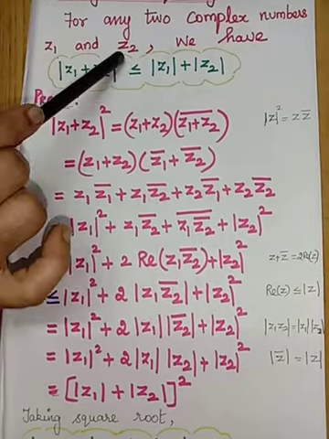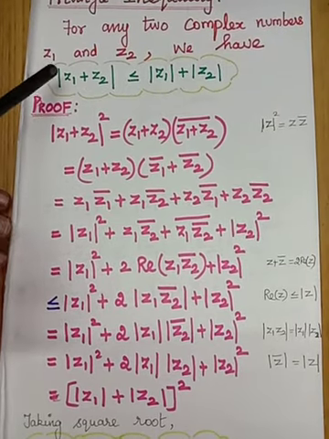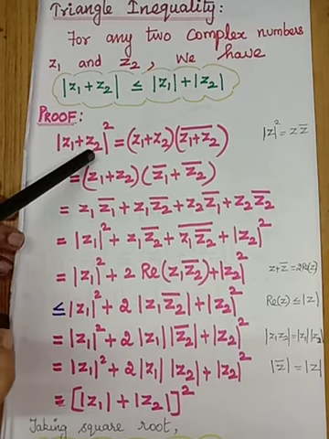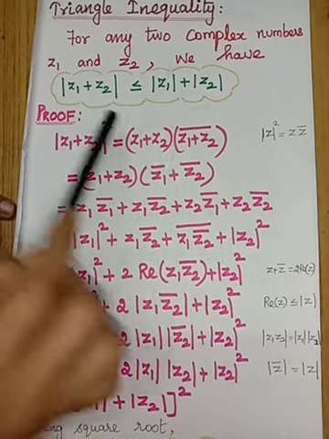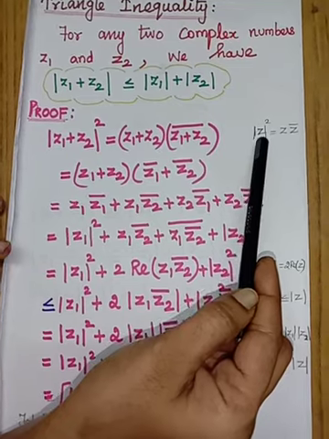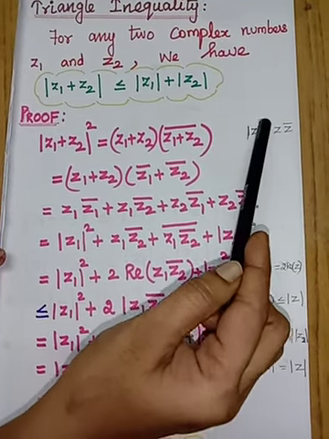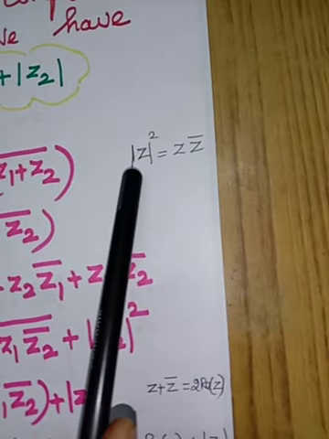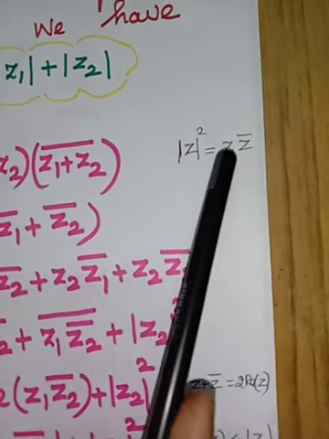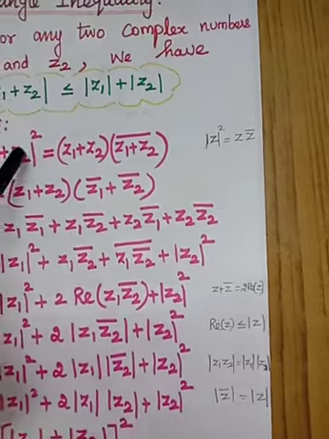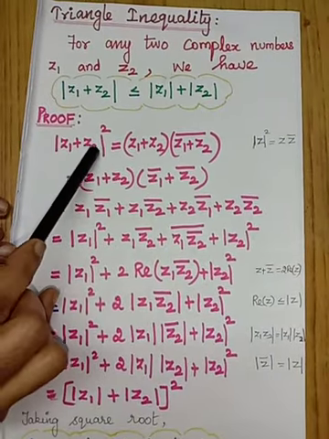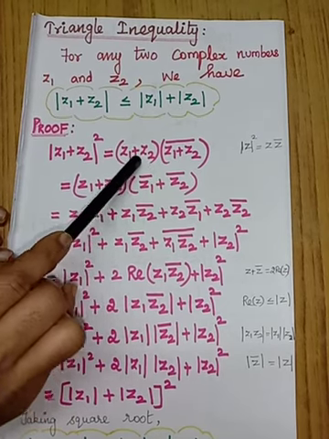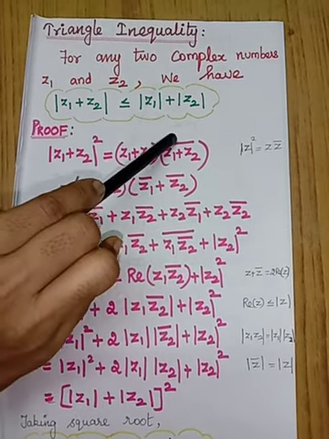First, on the left side, I'm going to consider the first term: modulus of z1 plus z2 the whole squared, because we have the formula modulus of z squared is equal to z z bar. Here I take z1 plus z2 as z, so I have written z z bar.